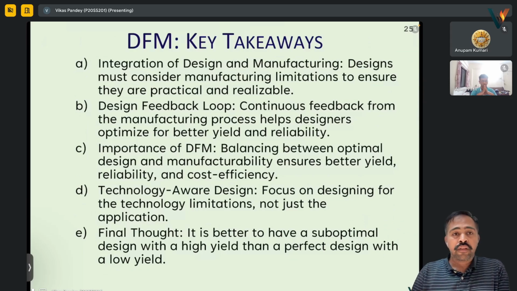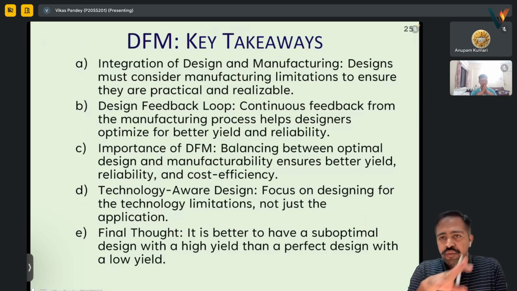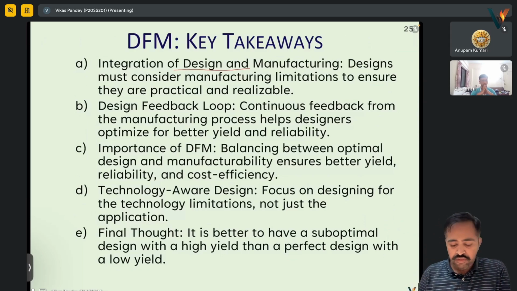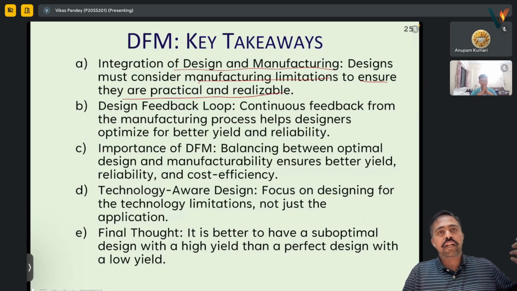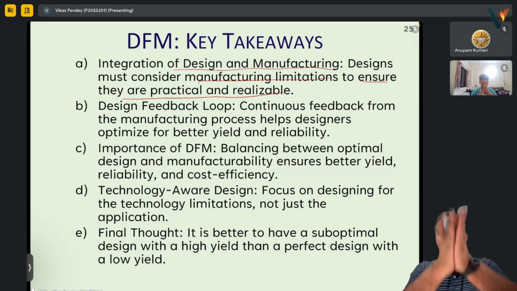So overall we can take that integration of design and manufacturing: we have to consider the manufacturing limitations to ensure designs are practical and realizable. Ideally, someone can say, let's make it so small that electrons can flow directly.